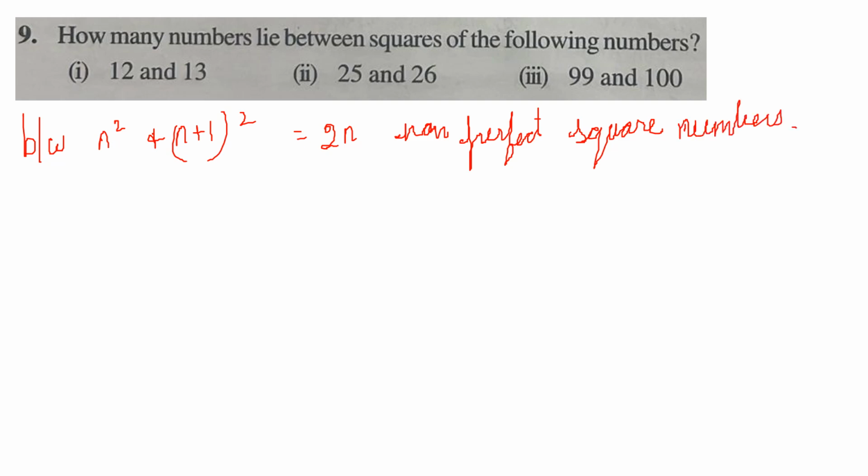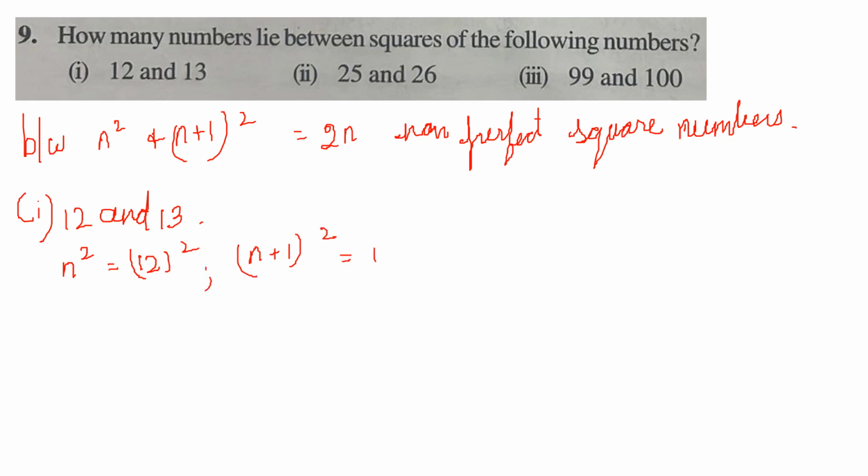So the first question is between the squares of 12 and 13, right? So here our n square is nothing but 12 square, and our (n plus 1) the whole square is equal to 13 square, right?